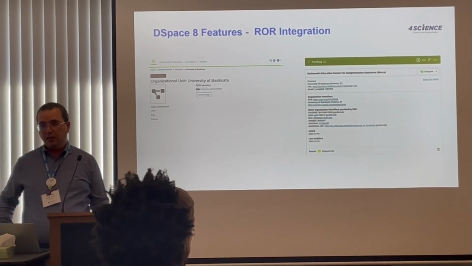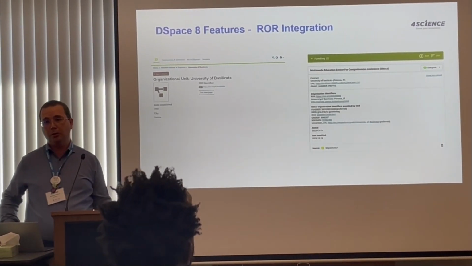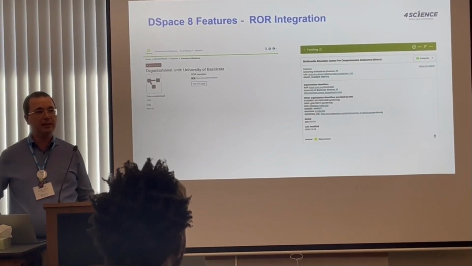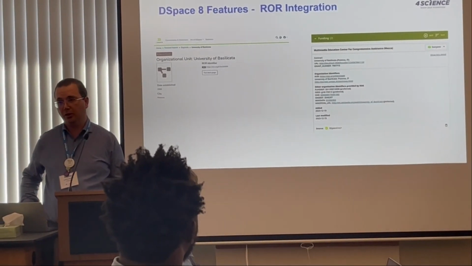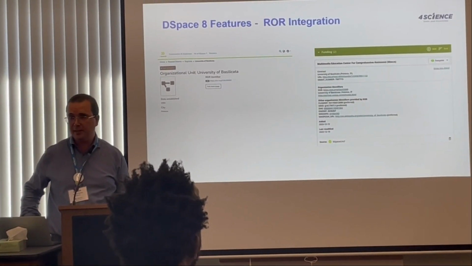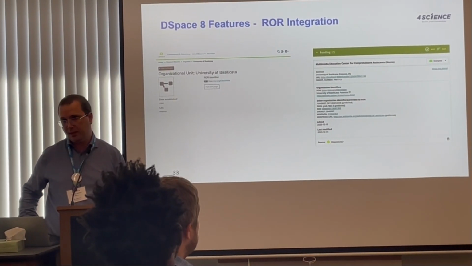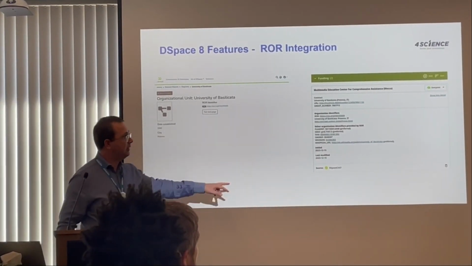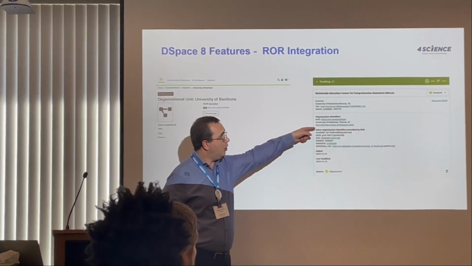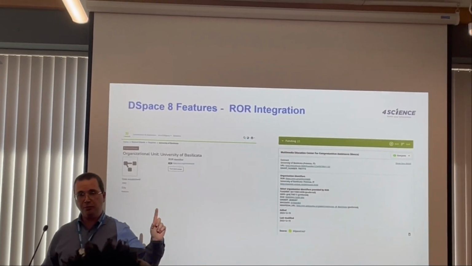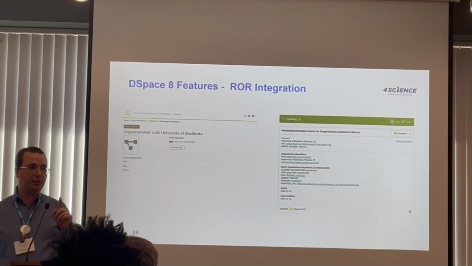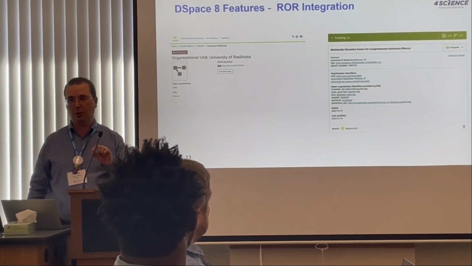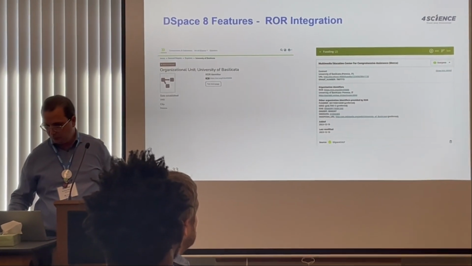When we send a funding to ORCID from DSpace, and we say that this funding was granted to this university, or was funded by this university with internal funds, we are able to identify the organization on the ORCID side. So this information, the ROR ID, is used at the interoperability level, when we send metadata to ORCID and so on.